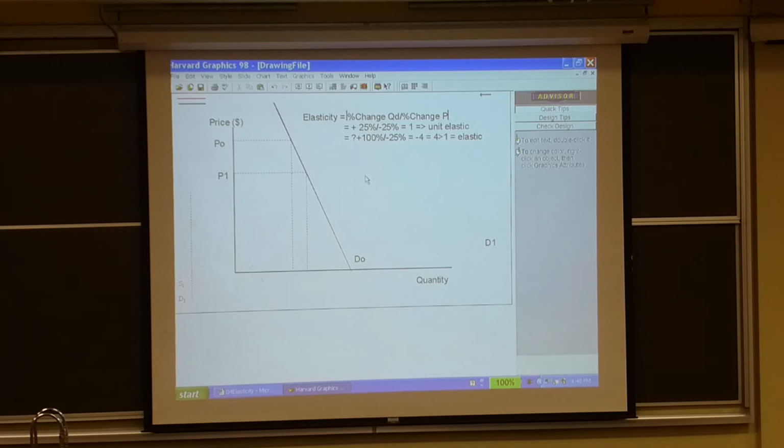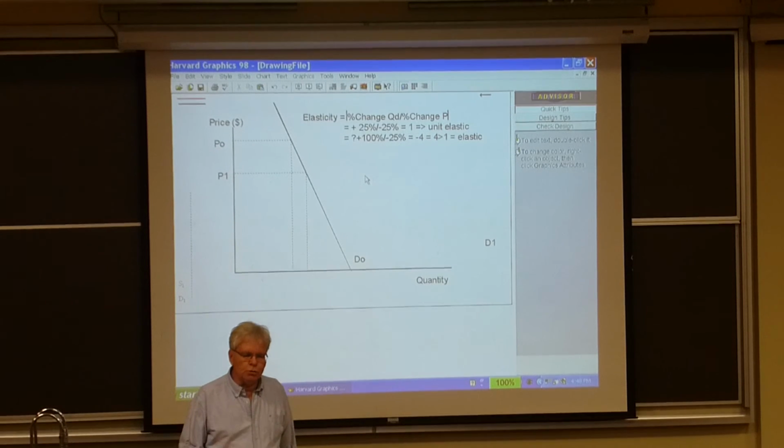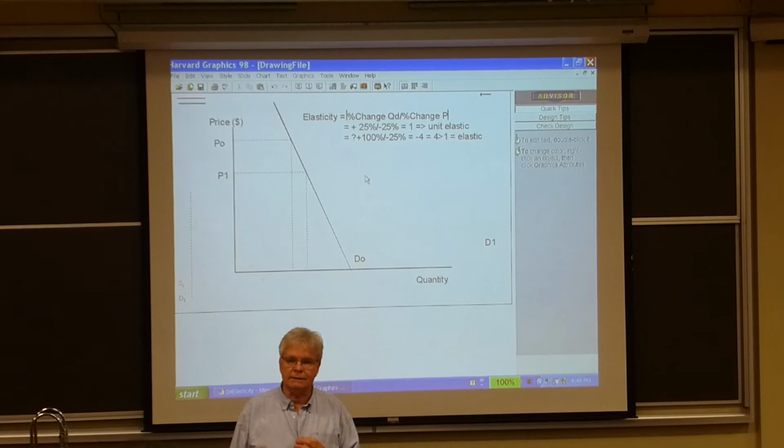Is elasticity constant along a linear demand function? Yes? No, because the rate of change is the same, but the proportion that it is in reference to would be different. The slope is constant, but the percentage change is not the same. So this is fundamental. Linear demand functions do not have constant elasticity.